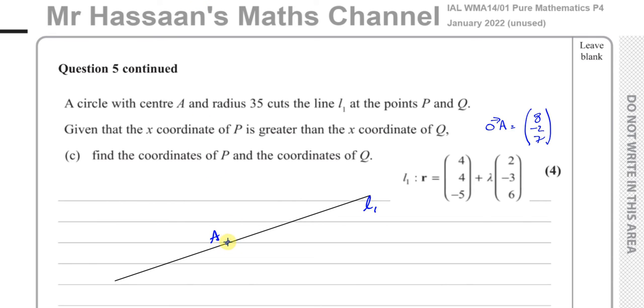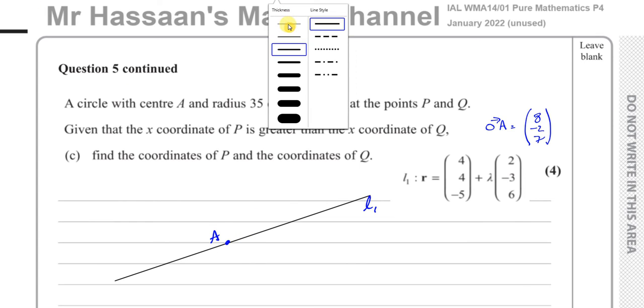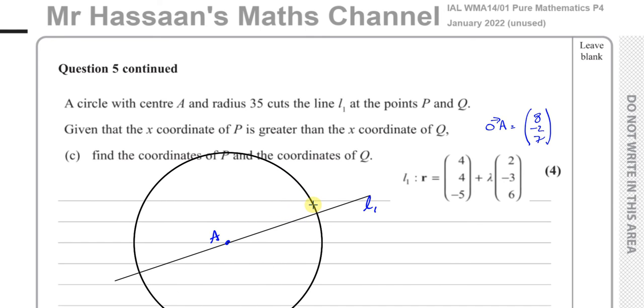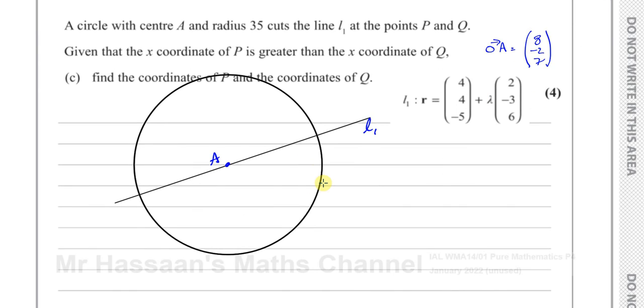Center at A, and it has a radius of 35, and it cuts line 1 at the points P and Q. Just say this is P and this is Q.